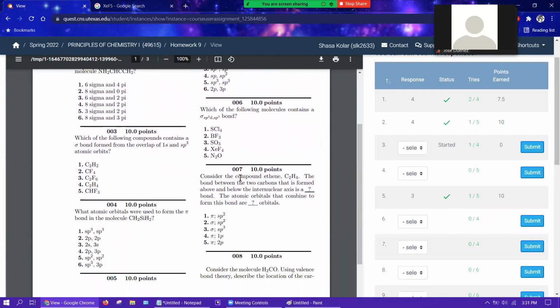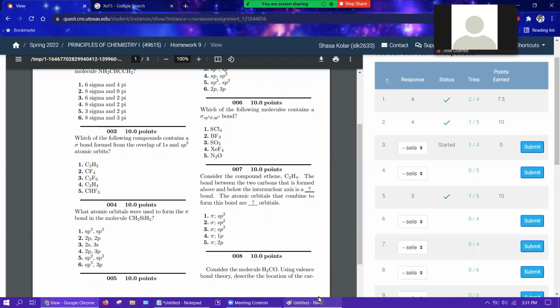So you kind of just have to subtract. Okay, in this one, we see we have an sp3d. So that means we have to find one that has 4 bonds and an unpaired electron pair, and this would be sp3d hybridized.